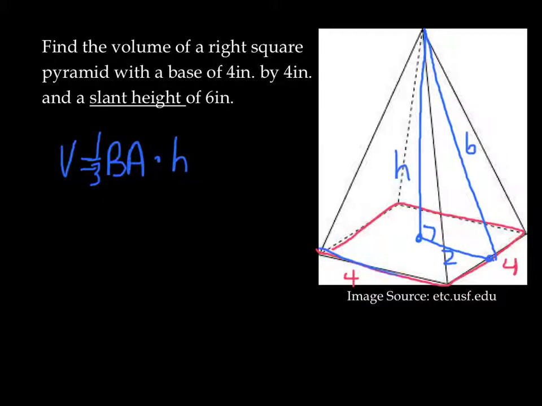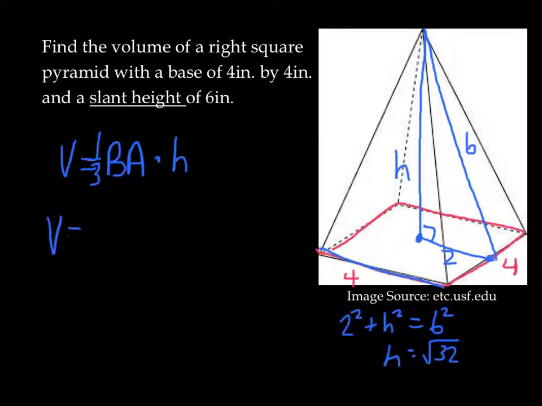And if the entire side is length of 4, then from the center to the outside would be a length of 2. Okay, so to find the height, I know that 2 squared plus my height squared is going to be 6 squared. You can work this out on your own, and if you do that, you'll discover that the height is equal to the square root of 32, whatever that value is.